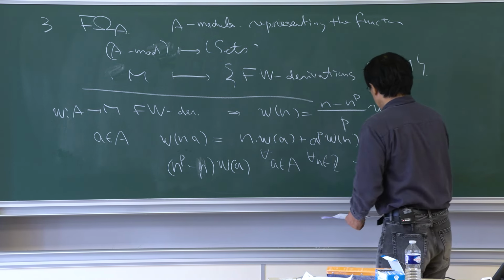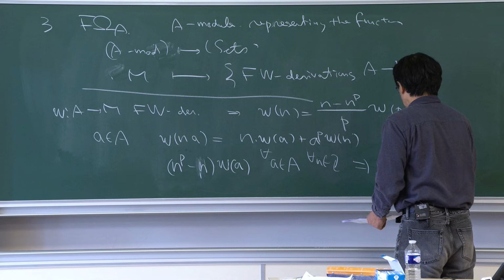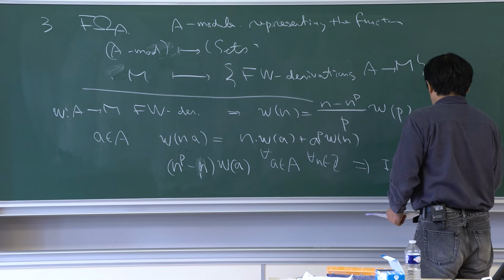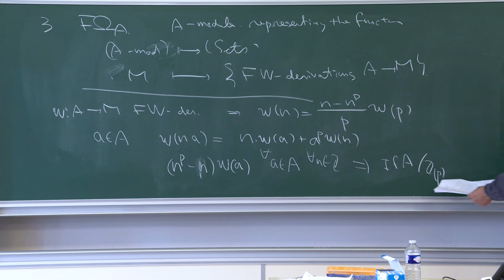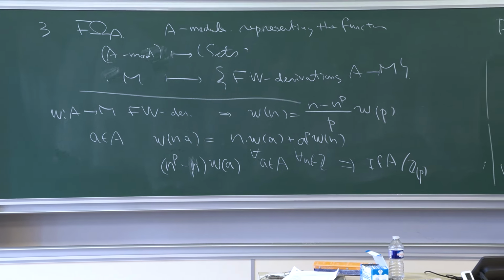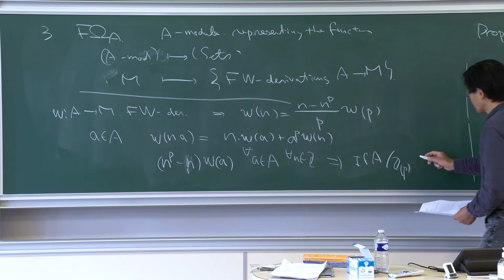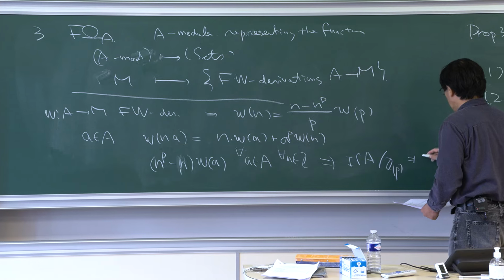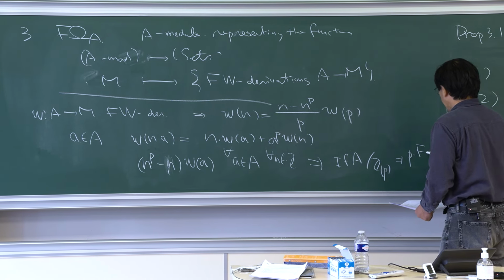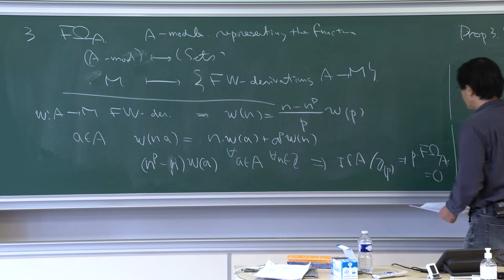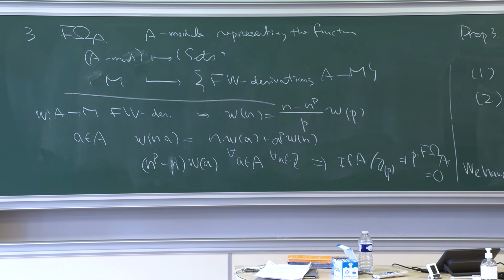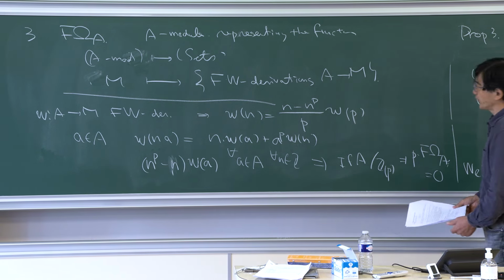So if A is an algebra over this localization, then p times this module is 0.